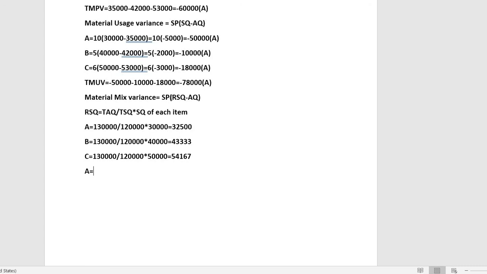Now you can solve the problem here. For material A, standard price of material A is 10.